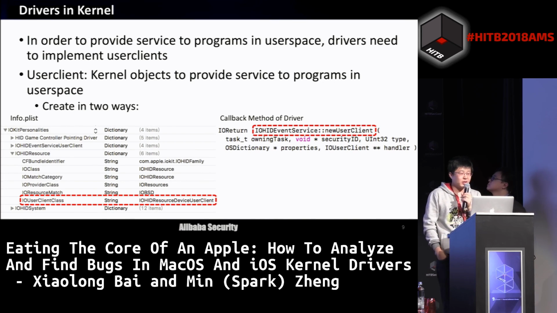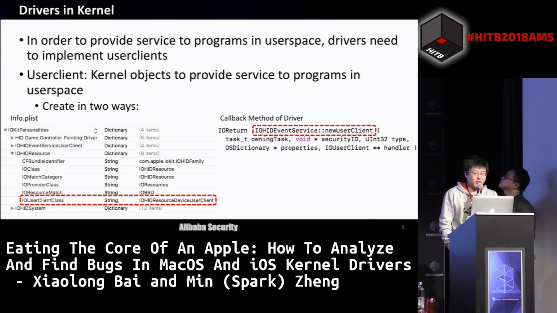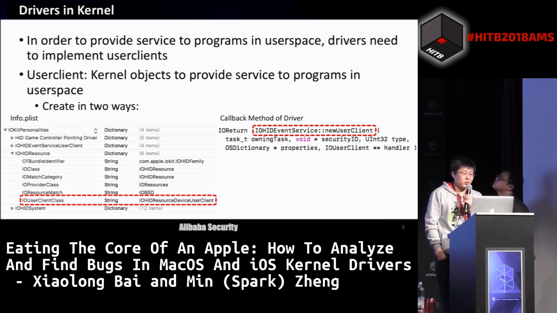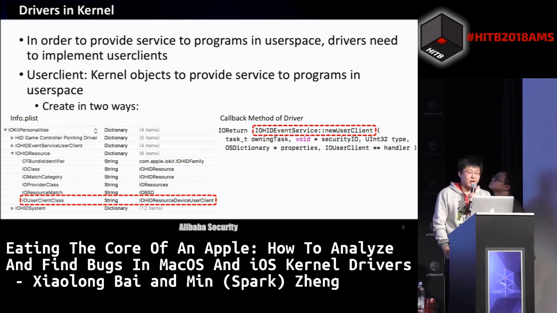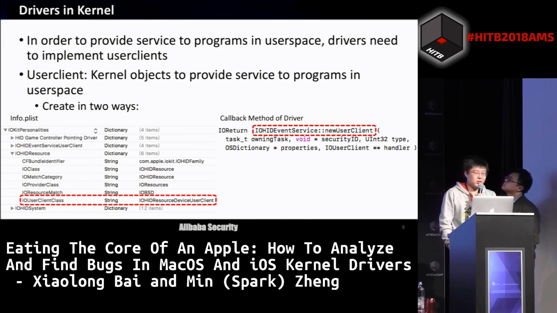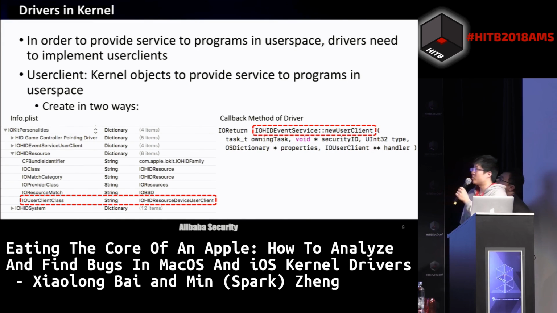In order for the kernel driver to communicate with user space, you need to implement user clients. The user client is actually a kernel object which provides service to programs in user space. You can create them in two ways.